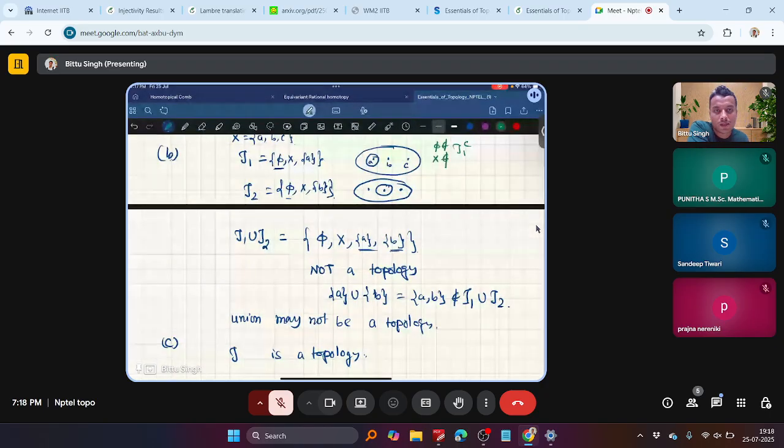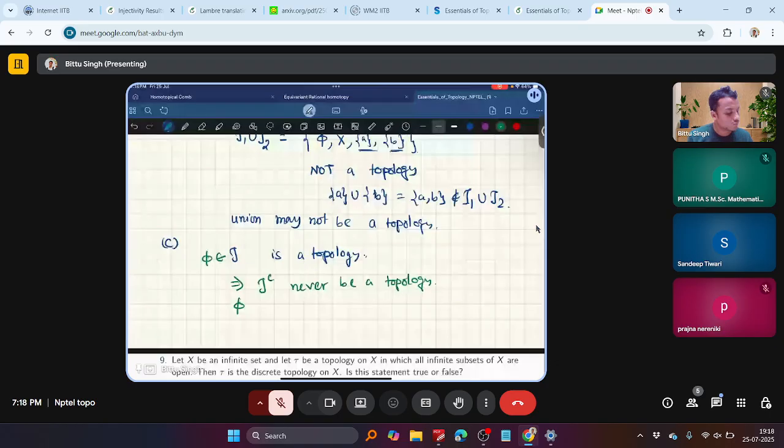The first defining condition is not satisfied. Therefore, the tau complement can never be a topology, because empty set and X are not there. Empty belongs to tau, therefore empty cannot belong to the complement.